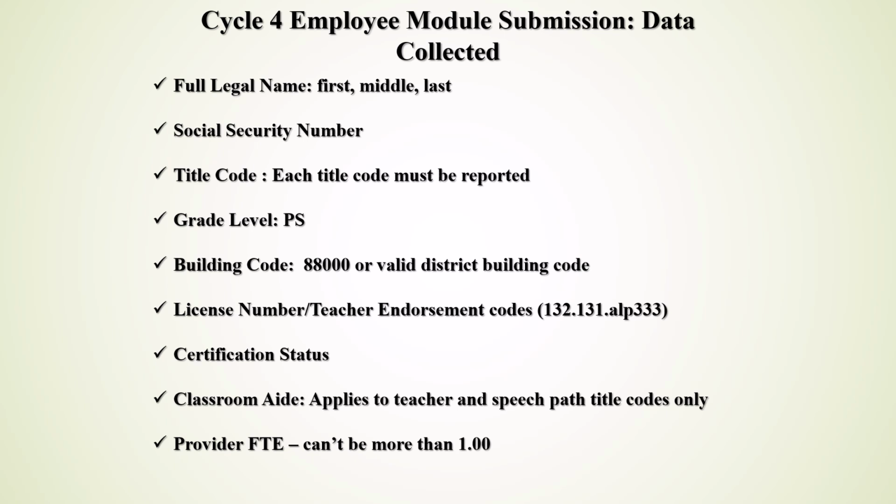Some of these are explained in greater detail in later slides within the presentation. Be sure to check and update the certification status, especially for those that have completed the ALP process and paraprofessionals who have achieved certification. Additionally, contract OTs, PTs, and speech therapists should remain in staff information but made inactive in the building field.